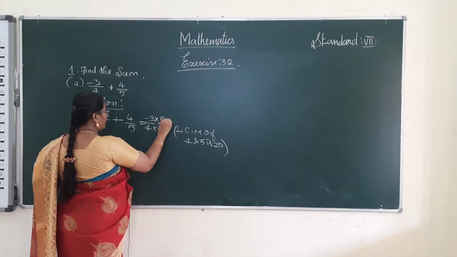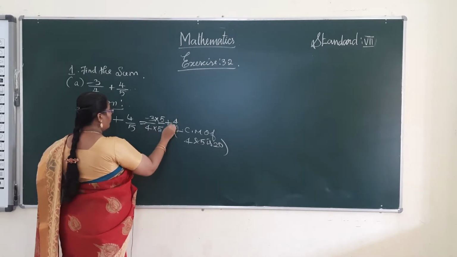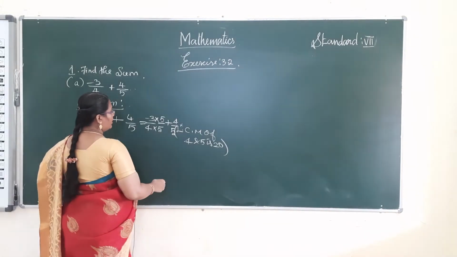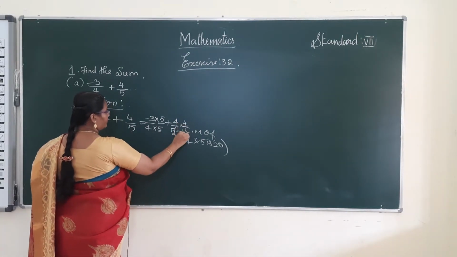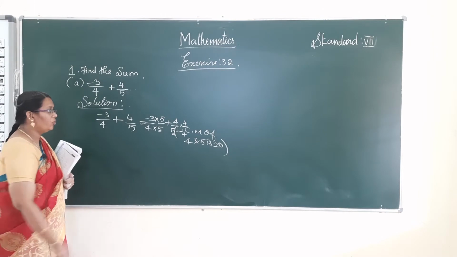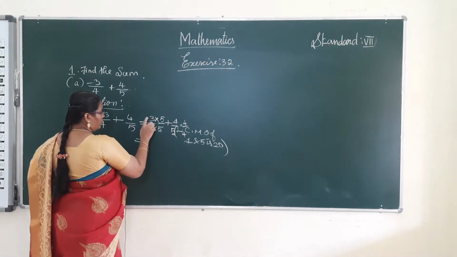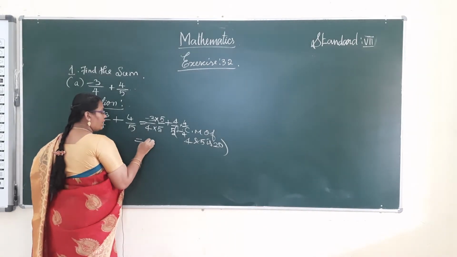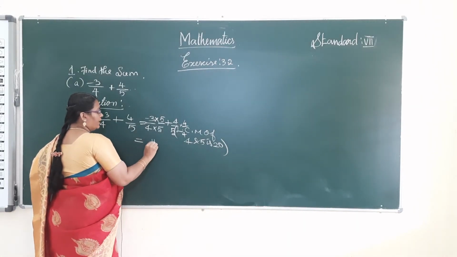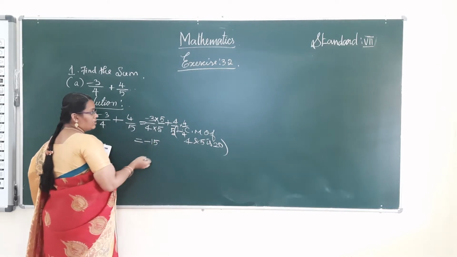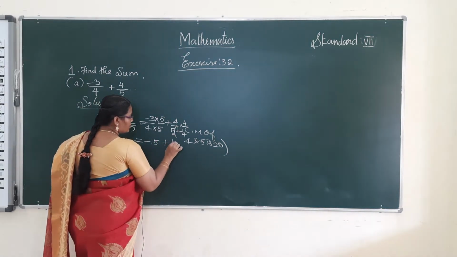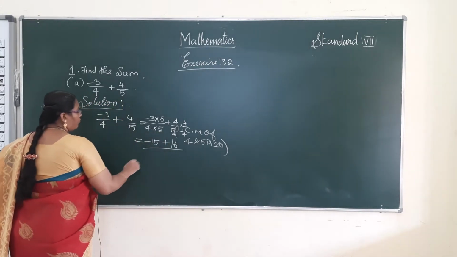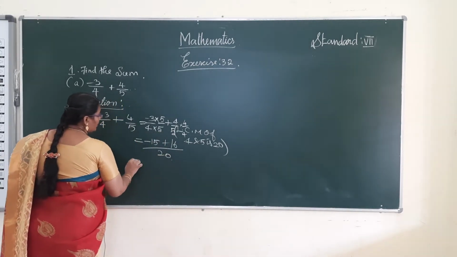Here, in 4 by 5, which number multiplies numerator and denominator? 4. So multiply the numerator: minus 3 into 5, minus 3 5s are 15, so minus 15, plus 4 4s are 16, divided by 4 5s are 20.